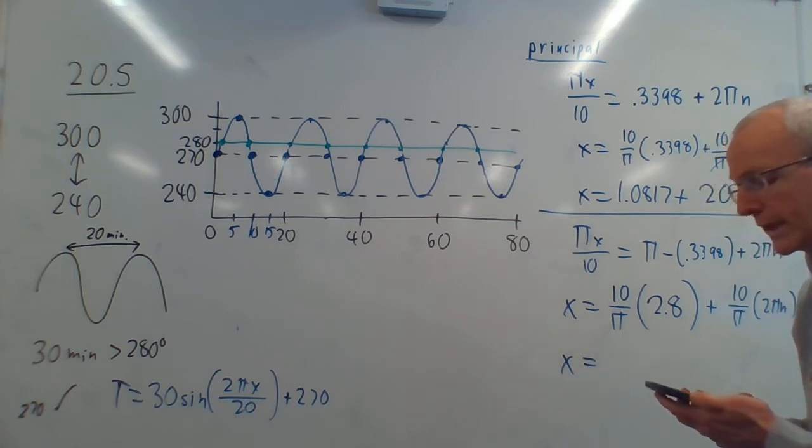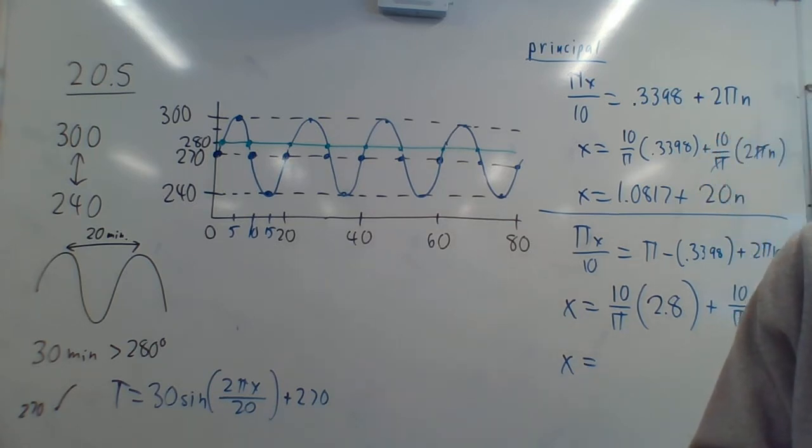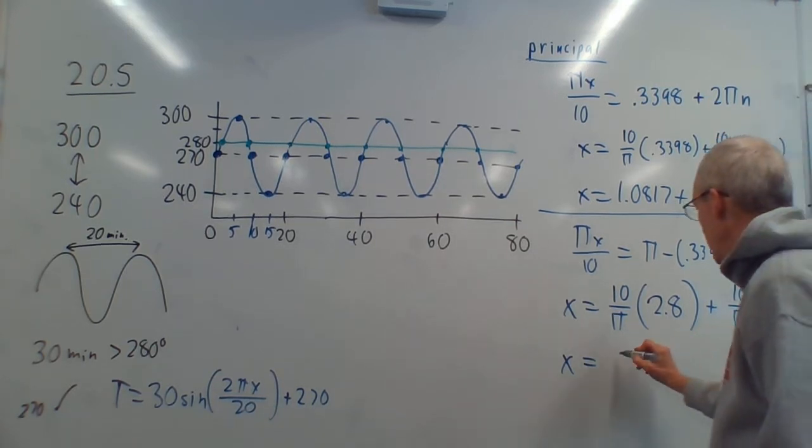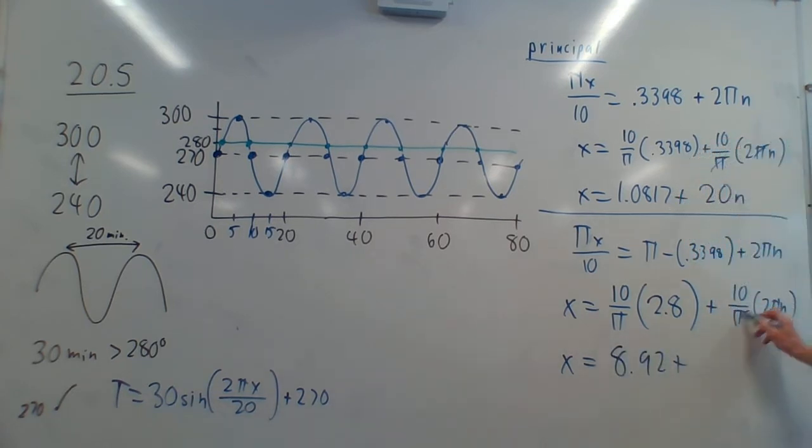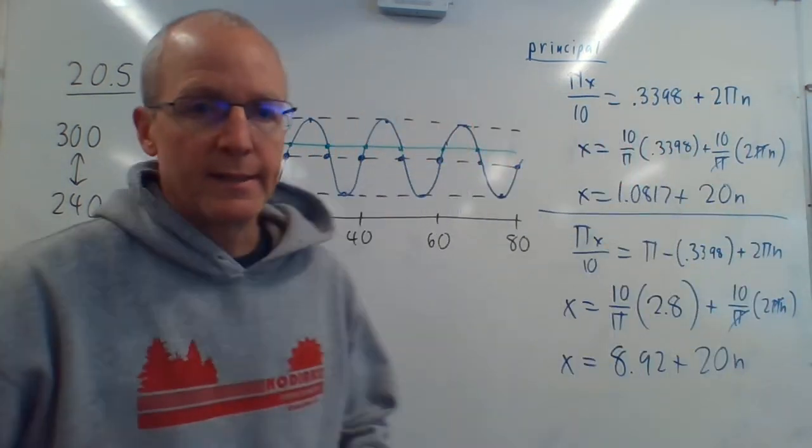I get 8.918, let's say 8.92. So 8.92 plus, and again, this will be the same, 20n. All right, those are our points.